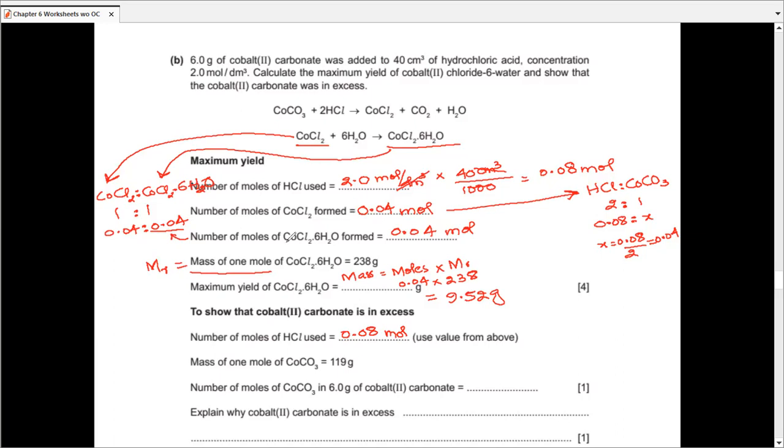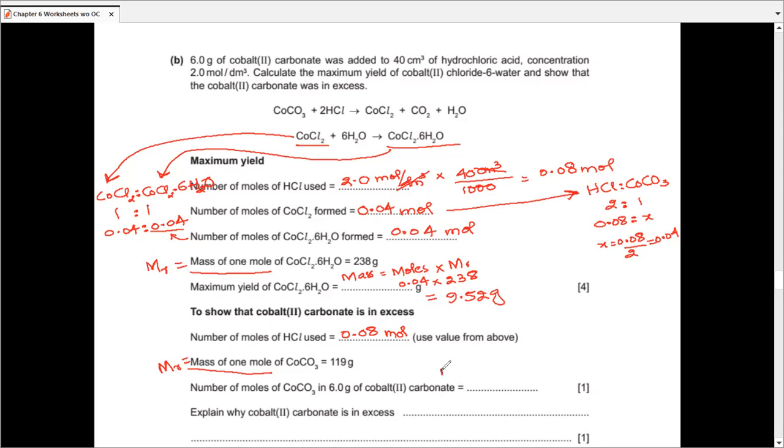Okay, so mass of 1 mole of CuCl3, and I have since explained it already. This is what MR stands for. So MR for CuCl3 is 119. So number of moles of CuCl3 in 6 grams would be what?